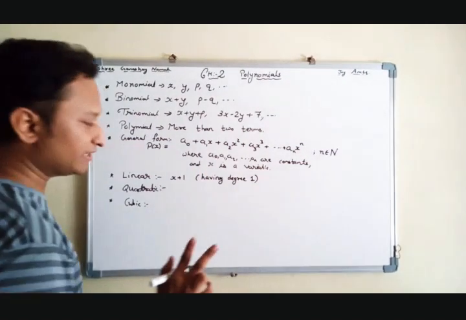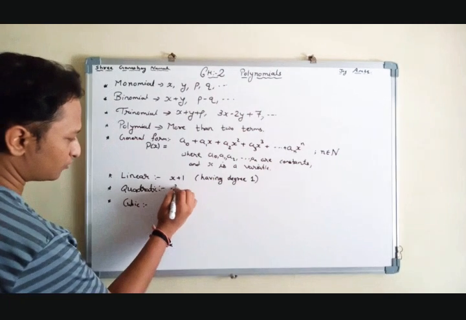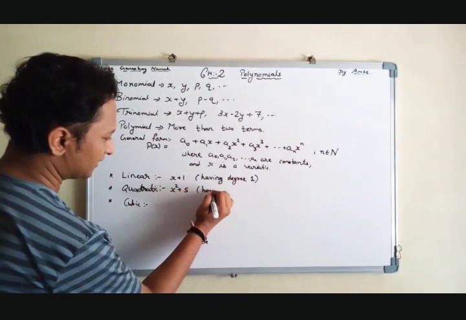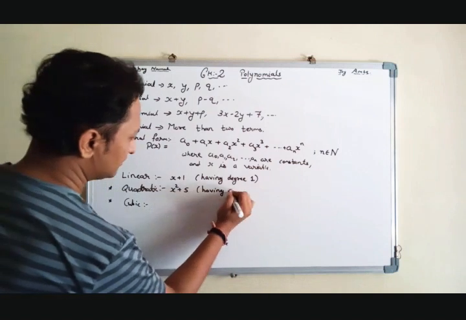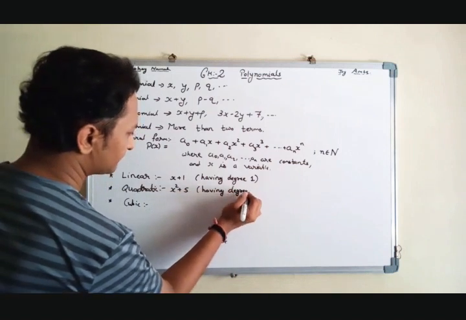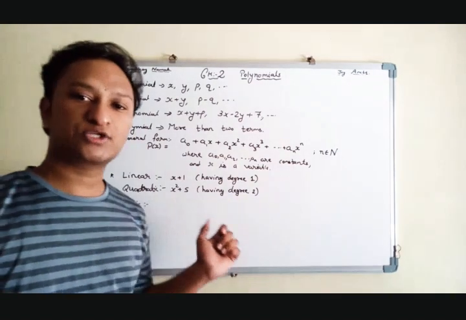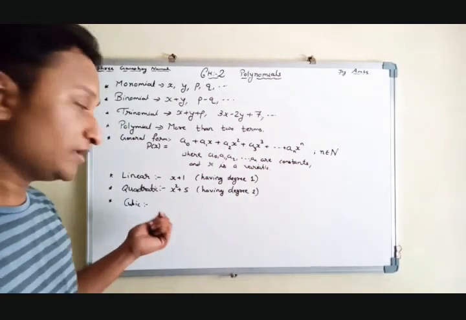Quadratic. What is meant by quadratic? Quadratic means having degree 2, like x square plus 5. And the last one is the cubic polynomial. What is meant by cubic polynomial?